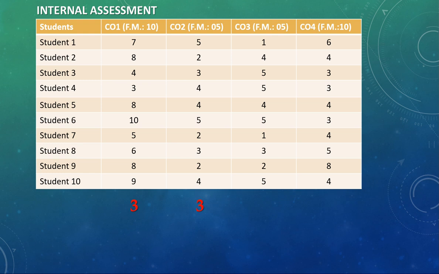Here we find that level 2 attainment has been achieved, because only 60% of students got equal or more than 50% marks. In CO4, the situation is a little different. Here at least 5 students could not get equal or more than 50% marks. Therefore, the attainment level for CO4 will be 0.